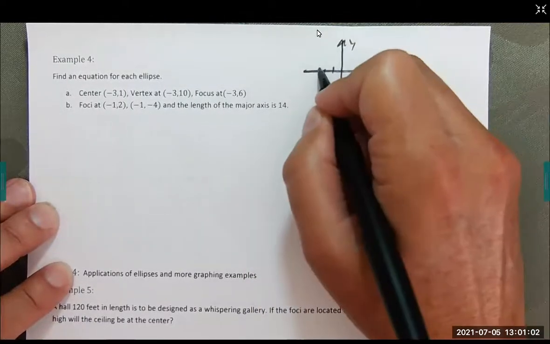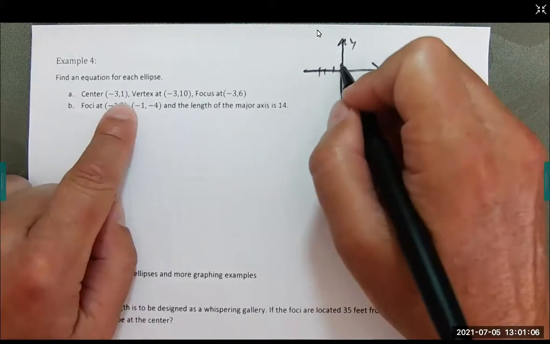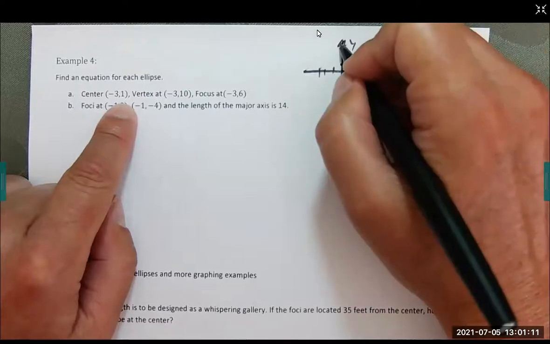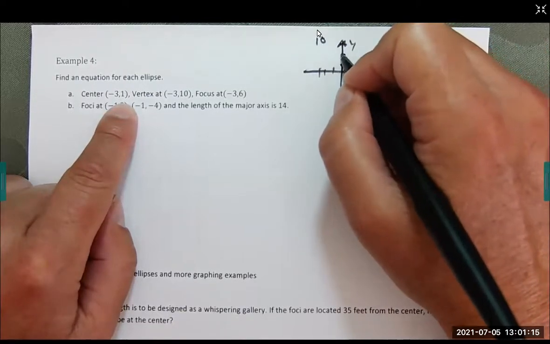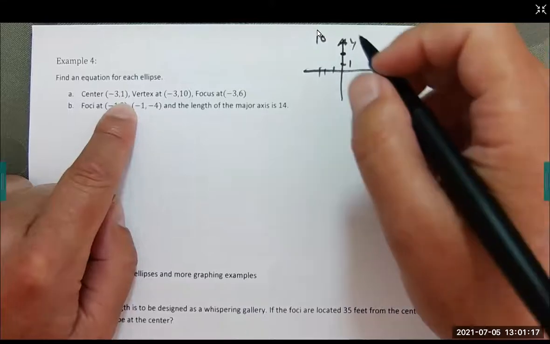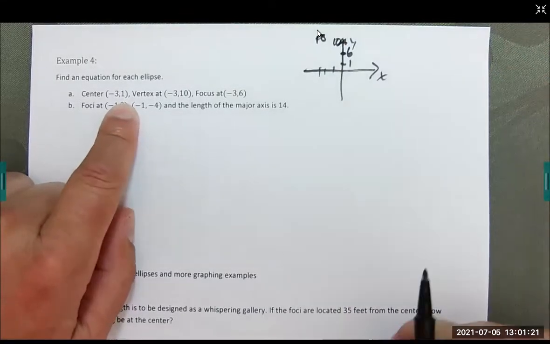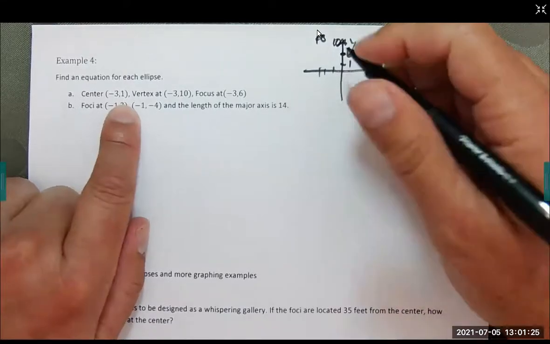So we're back here. And the center is at -3, 1. Vertex is up at 10. So I'll call that 10. And focus is at 6. All right, so we know that C is a distance of 5, it looks like.